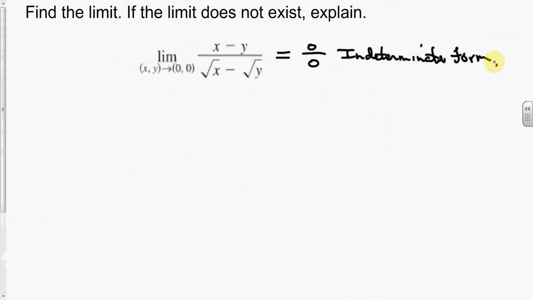You can factor, you can rationalize, or you can use L'Hopital's rule. Calculus 1, we talked about if it's indeterminate, you can factor if it's factorable, you rationalize if there's radicals, and thirdly, you can use L'Hopital's rule in any of that.